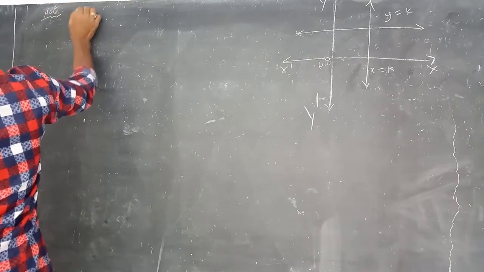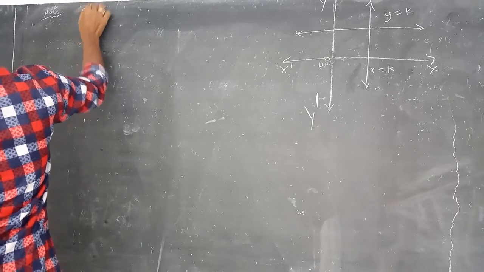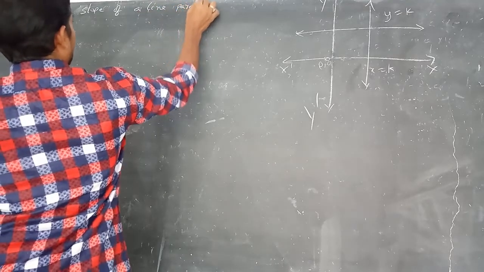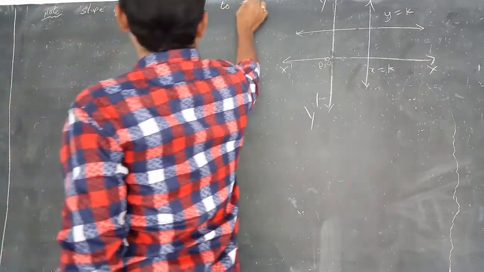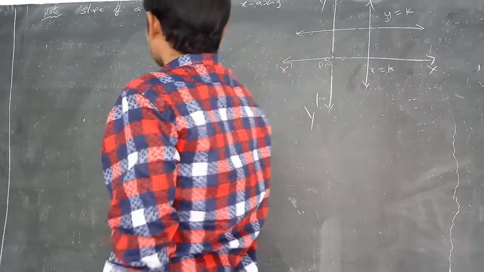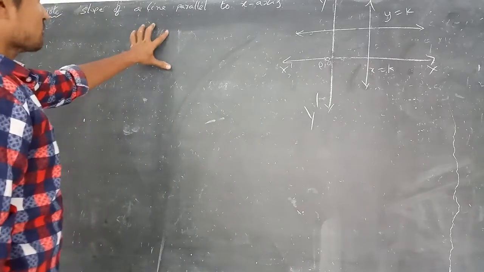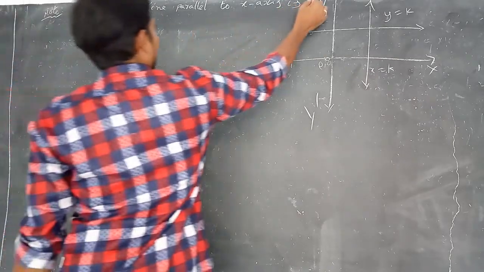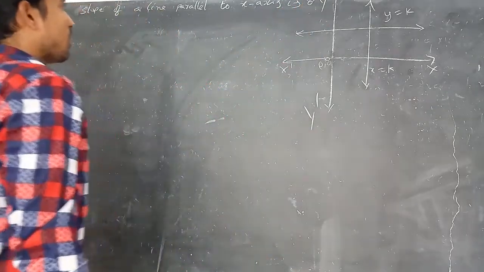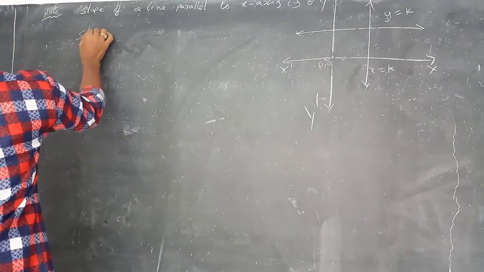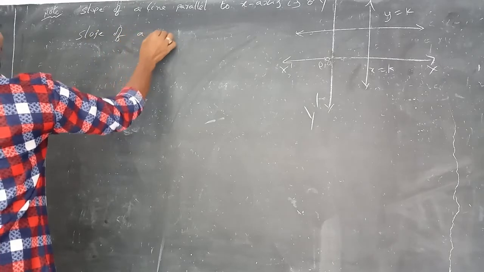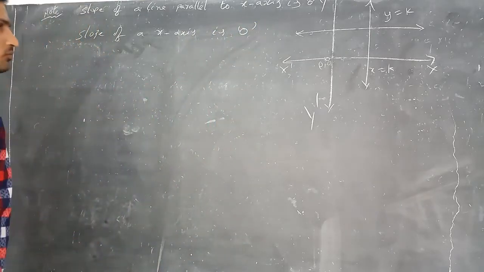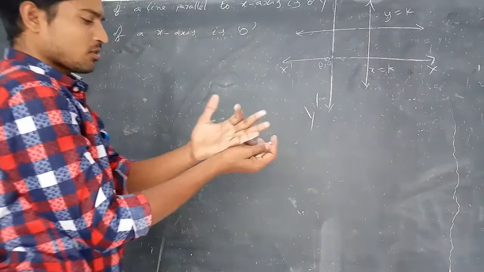Note: the slope of a line parallel to x-axis is 0. Slope of x-axis is 0.